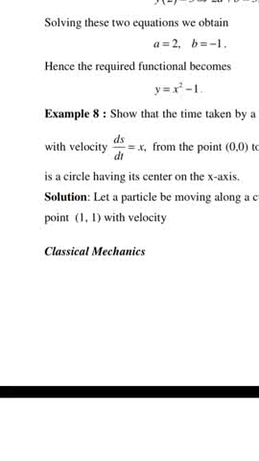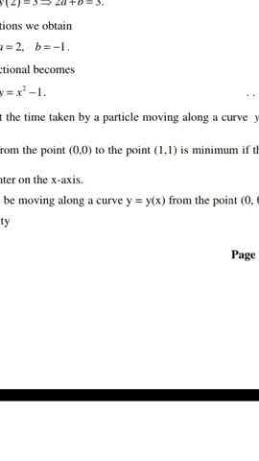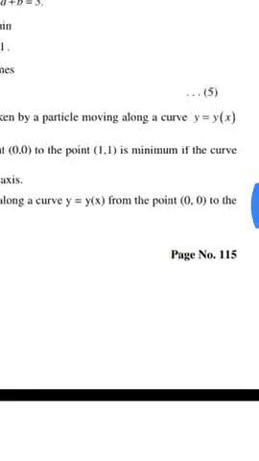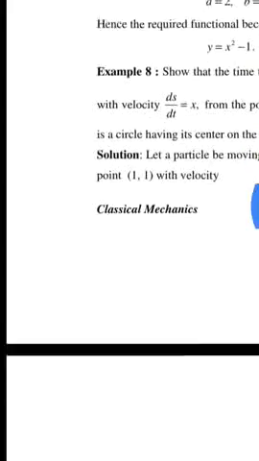Solution: let a particle be moving along a curve y is equal to y of x from the point 0, 0 to the point 1, 1 with velocity v is equal to x dot is equal to ds by dt. Therefore, dt is equal to ds by x.